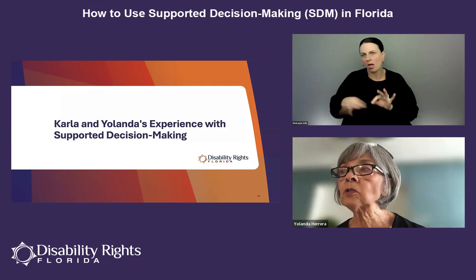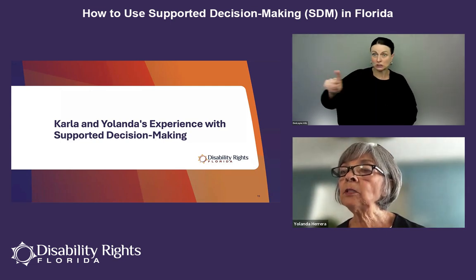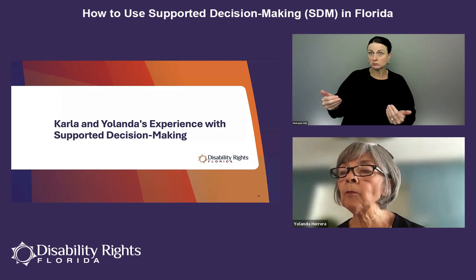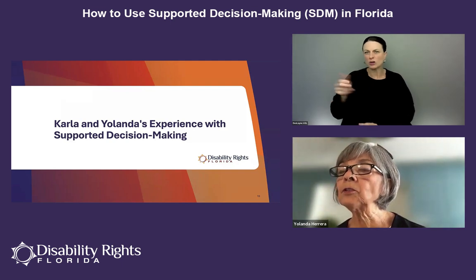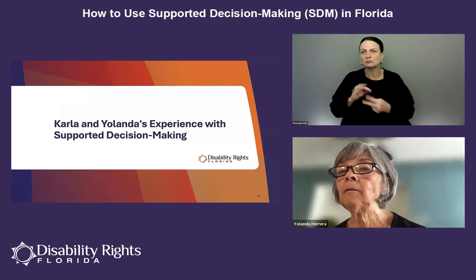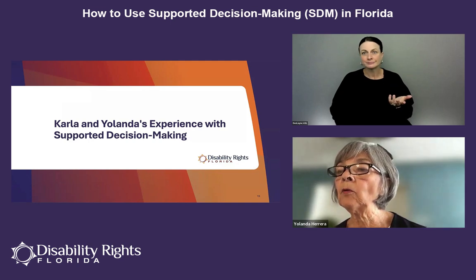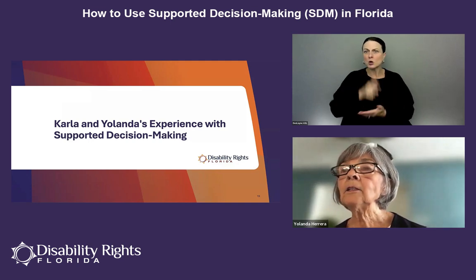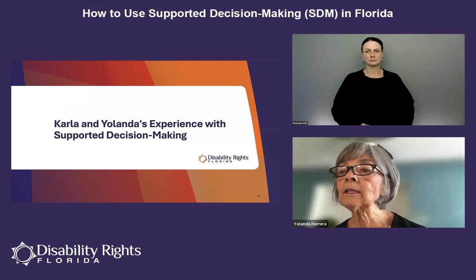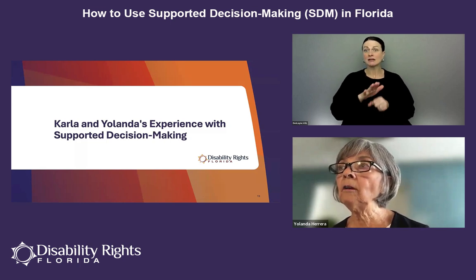The question posed to Carla was, do you want mom to help you? Or do you want your sister to help you open up your account? She pressed her sister, and that's enough for her.